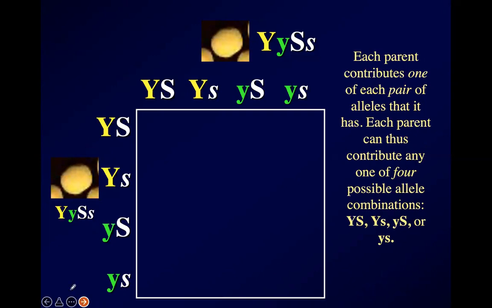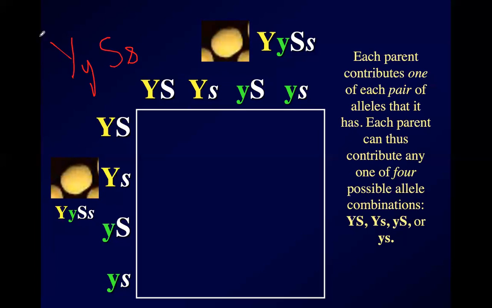I'm going to show you something that you might remember from algebra class. If we have this genotype over here that's big Y, little y, big S, little s, well, we have 2 pairs of alleles, right? 2 Ys and 2 S's.